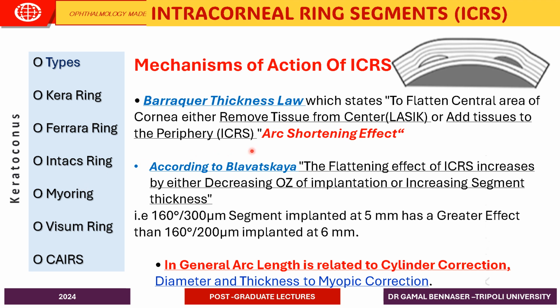Now, another proposed mechanism for the effect of the intracorneal rings is what's known as the creation of a new limbus. This is based on the fact that collagen fibers build the frame or support of the cornea, stretching from limbus to limbus. So during tunnel formation, when we create the tunnel in the cornea, either manually or by femtosecond laser, the collagen fibers at the tunnel will be cut.